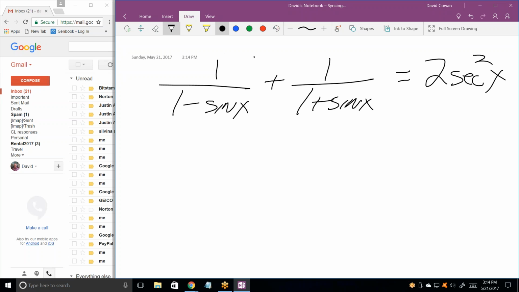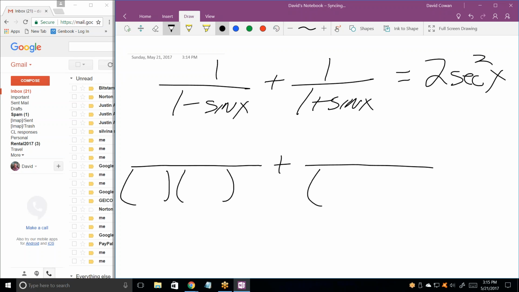Now, normally, the moment you gave me that, I'm thinking I'm going to multiply by the conjugate top and bottom. But when you add it to a fraction that has its conjugate in it, I don't need to do that. If I just add these two fractions, I'm going to get the right thing. What's the common denominator between these two fractions? 1 minus sine of x, 1 plus sine of x.